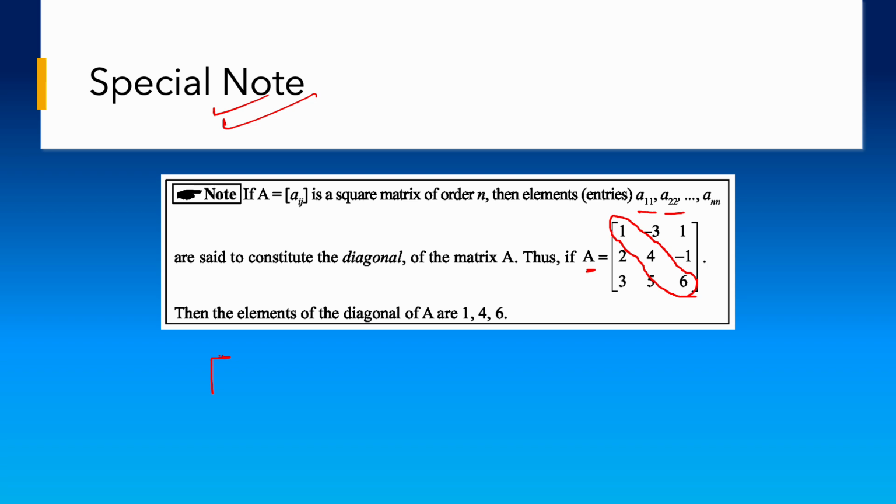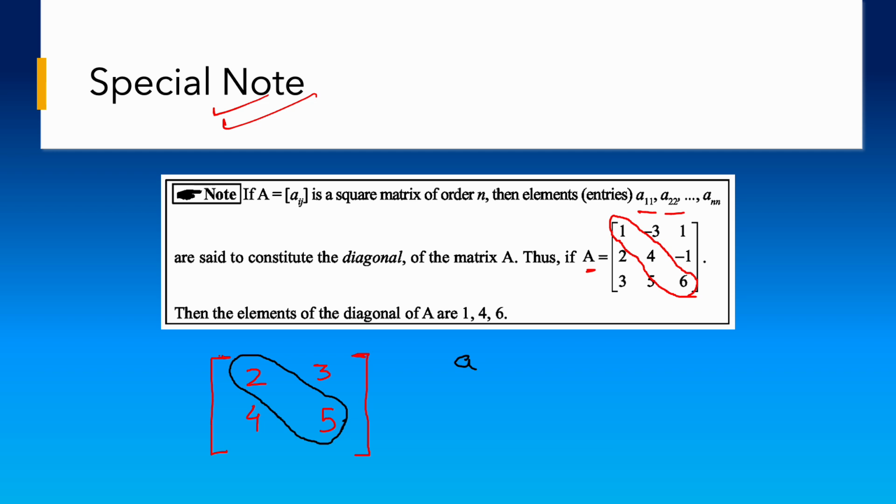So if you have any square matrix, a 3 by 3 matrix or a 2 by 2 matrix, the 3 by 3 matrix example is already given. Let me draw an example of a 2 by 2 matrix: 2, 3, 4 and 5. So the elements A11, A22, A33, these are the diagonal elements.